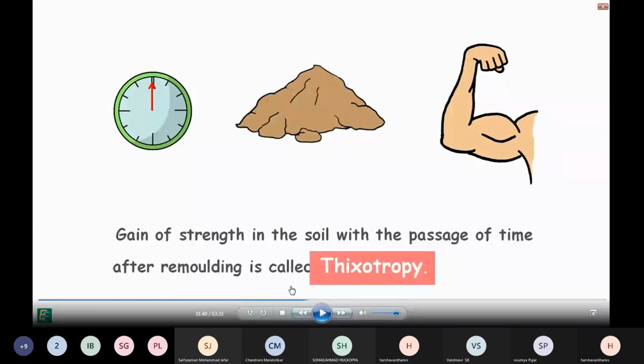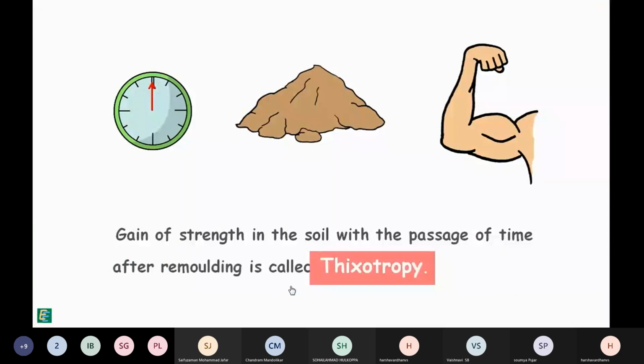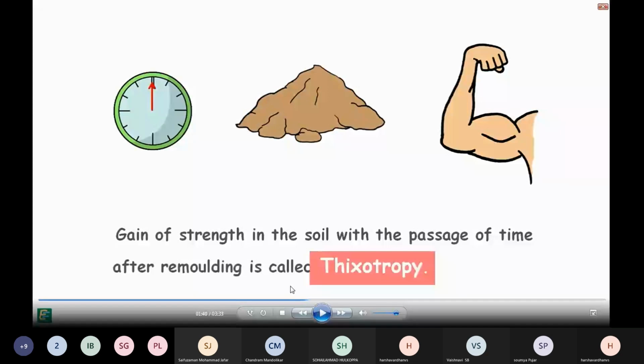And this process of strength gain and strength loss is called thixotropy.